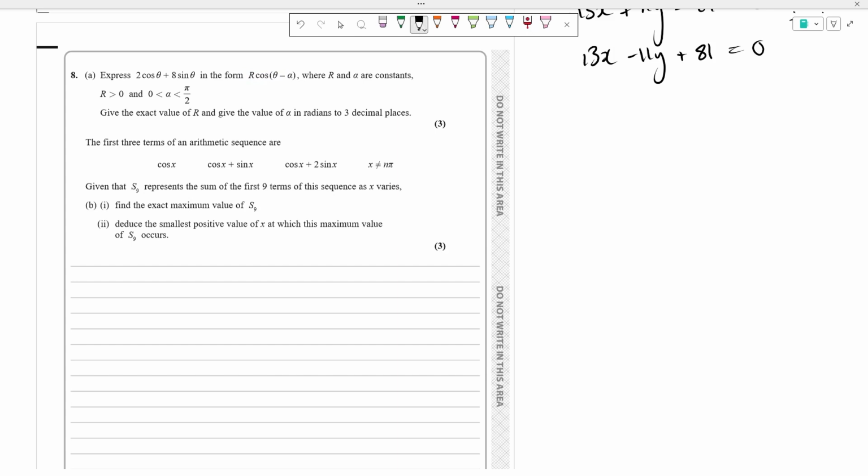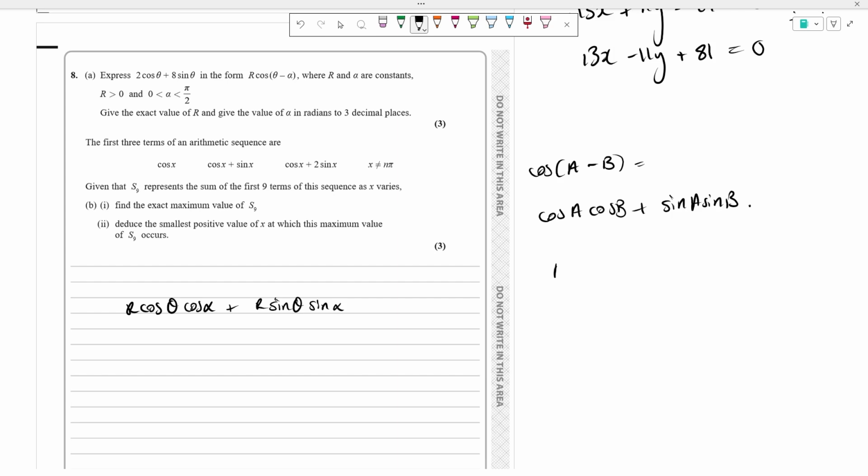And in your formula book, cos A minus B will give you the following: cos A cos B plus sin A sin B. So using this kind of identity, we should end up with the following: that this should be R cos theta cos alpha plus R sin theta sin alpha.